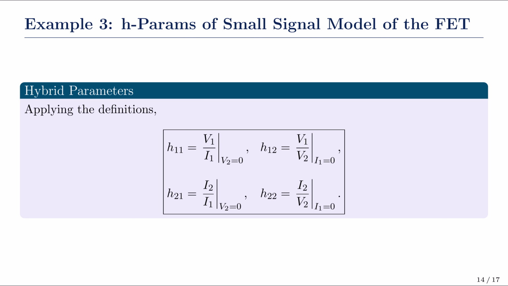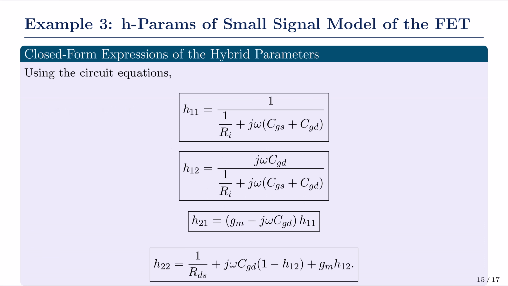Similarly, H21 is the forward current ratio under the output short-circuit condition, while H22 is the output admittance under the input open circuit condition. By applying these four conditions to the port equations, we can obtain closed-form expressions for all four hybrid parameters. The closed-form expressions obtained from the circuit equations are summarized here.